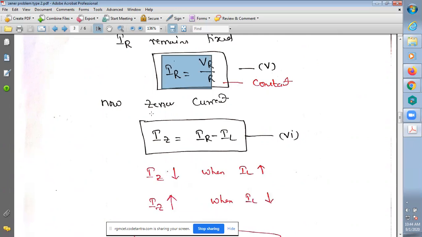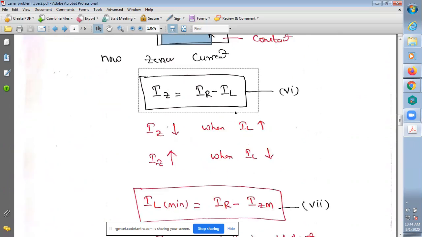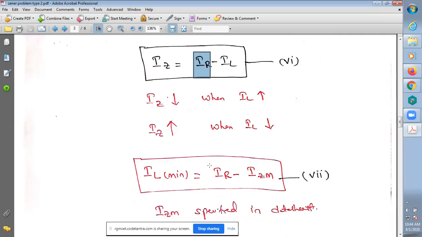Now mainly remember this expression: Iz is equal to Ir minus IL. Here IR is constant, and the only variables are Iz and IL. The relation is an inverse relation. If Iz decreases, IL increases; if Iz increases, IL decreases. Now for minimum load current, IL is minimum when Zener current is maximum, so IL minimum is IR minus Iz maximum.